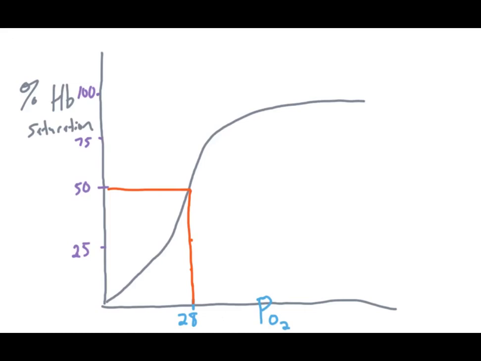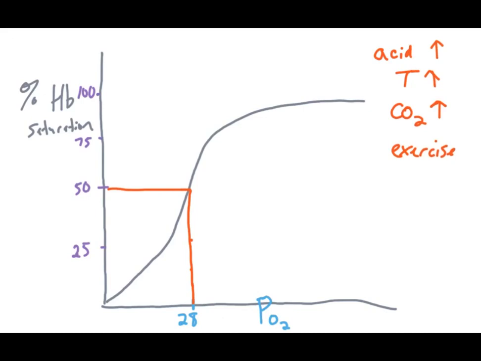So let's say now that our acidity goes up, our temperature goes up, our CO2 levels go up. And just to relate this to exercise for a second, all of these variables increase naturally.